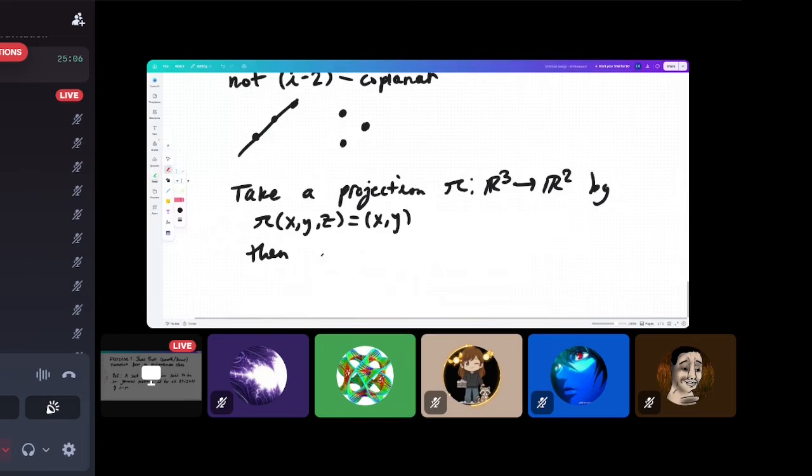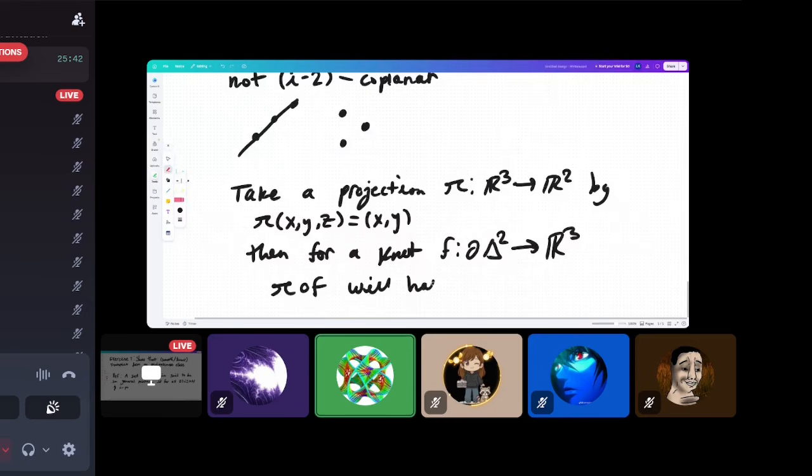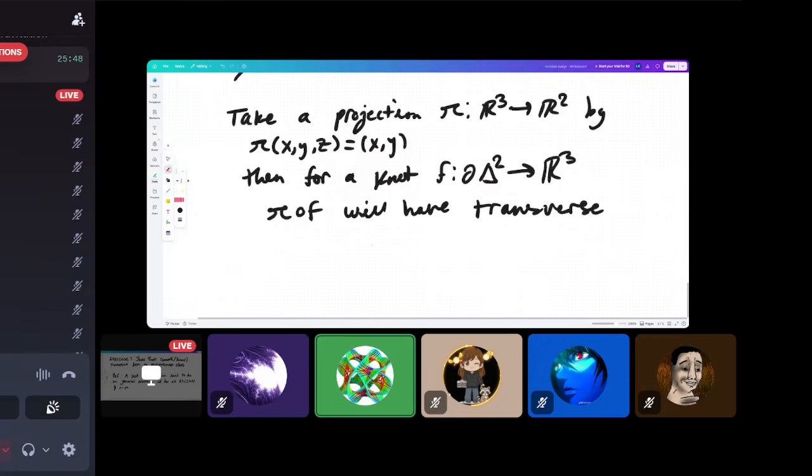Then for a combinatorial knot, let's say it's f going from the boundary of the 2-simplex to R3, π composed with f will have transverse self-intersections.